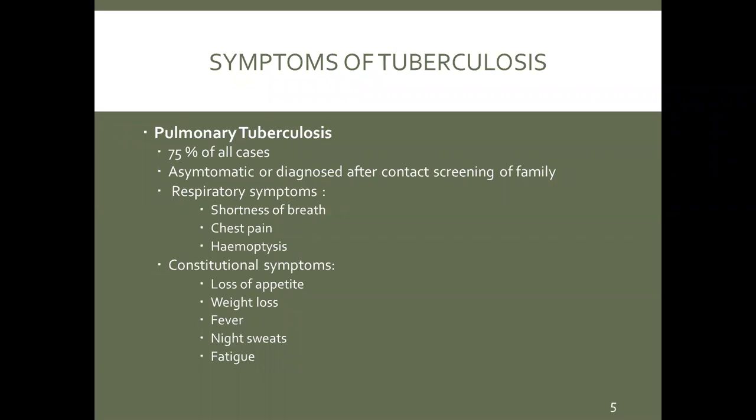But there are other symptoms called constitutional symptoms. These are not specific to the chest, but are general signs and symptoms. Usually patients report loss of appetite. Parents will say that our child is not gaining weight. They will have a history of fever, which is sometimes documented and sometimes not. They may report poor activity, fatigue, and night sweats.